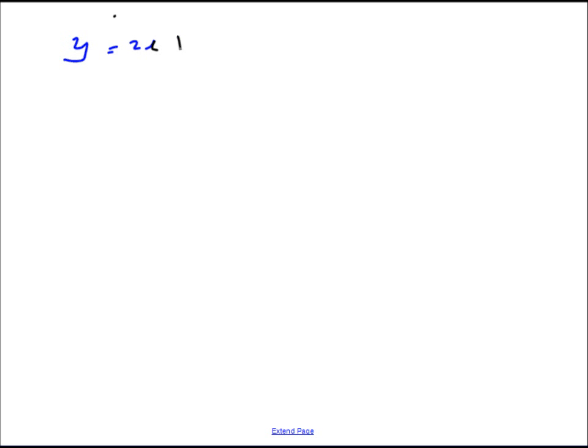So let's take a function like y equals 2x plus 1.